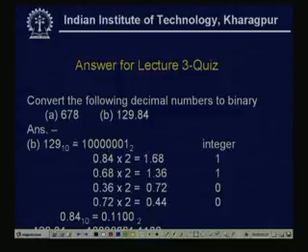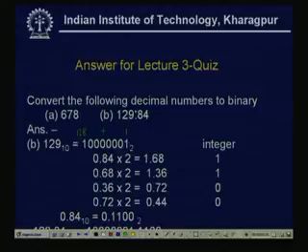If we take this value it will be 128 and this value will be 1. So, this is 128 plus 1 because the rest of the digits are 0. So, this is 129 in the decimal number system.